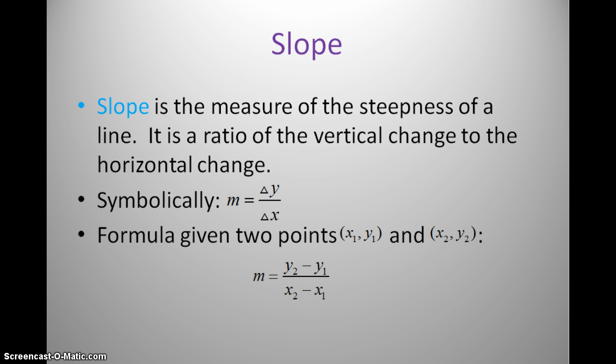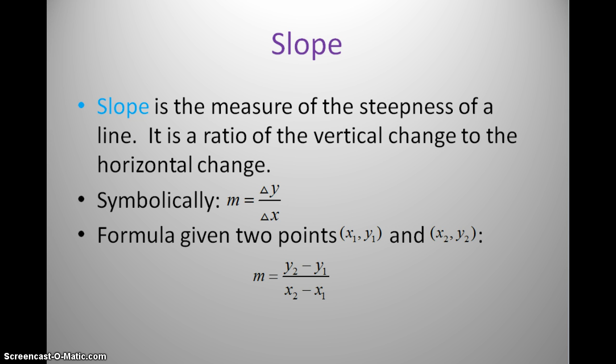The slope is also thought of as a ratio of the vertical change to the horizontal change, and we can represent that symbolically. The m stands for slope, and the change in y represents the vertical change, and the change in x represents the horizontal change.